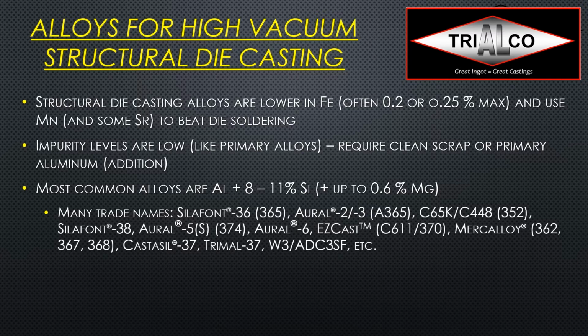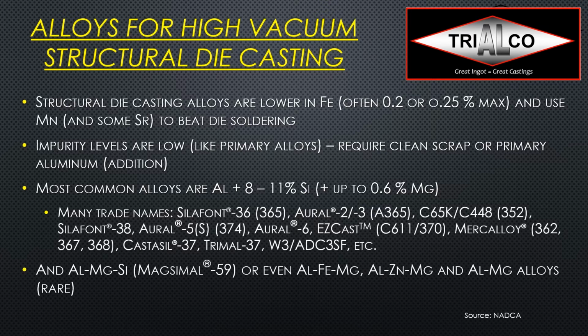And you have a lot of different trade names and Aluminum Association numbers, but we also see, quite rarely in North America, but to some extent, aluminum magnesium silicon alloy. The most common one there is the Magsimal 59, or even some aluminum iron magnesium, so iron as alternative eutectic, aluminum zinc magnesium, and aluminum magnesium binary alloys. But as I said, all of those are pretty rare.